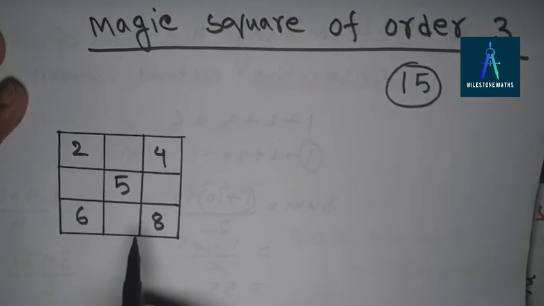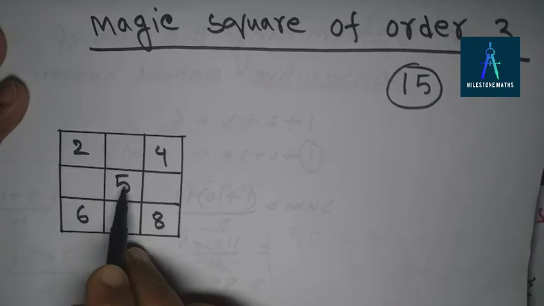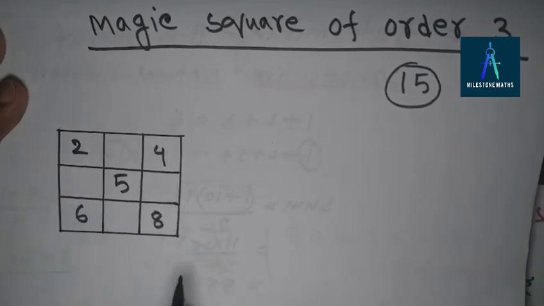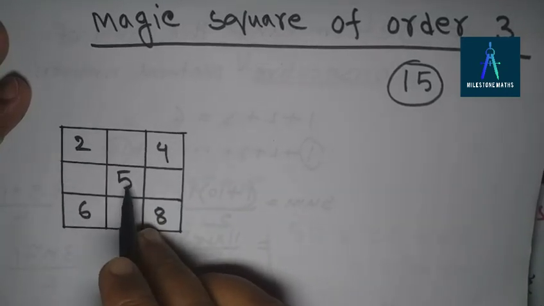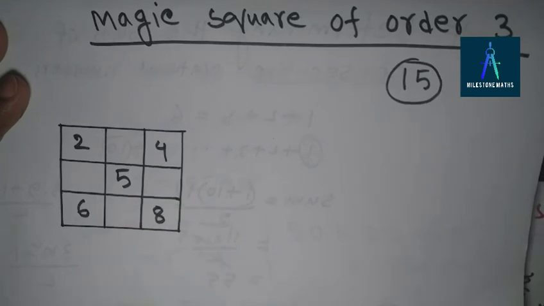So 8 plus 5 is 13 plus 2 equals 15. Another diagonal, 6 plus 5 is 11 plus 4 is 15.